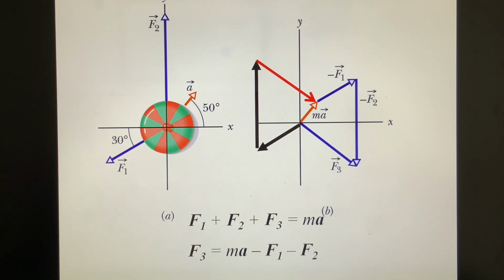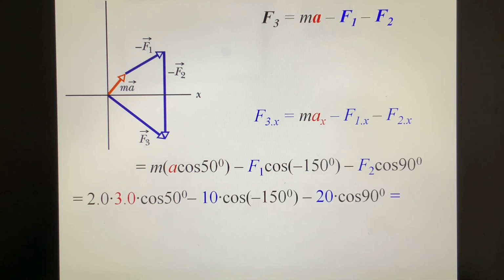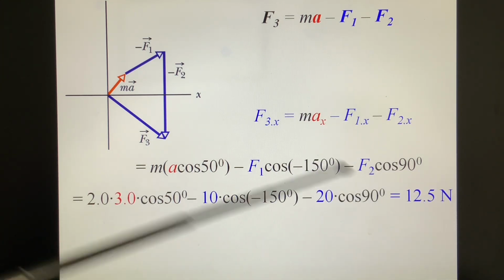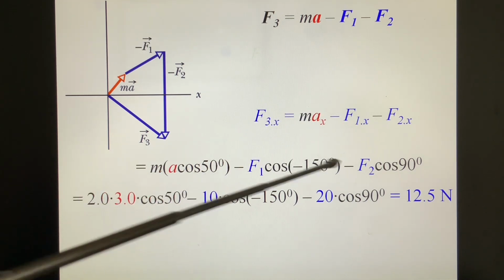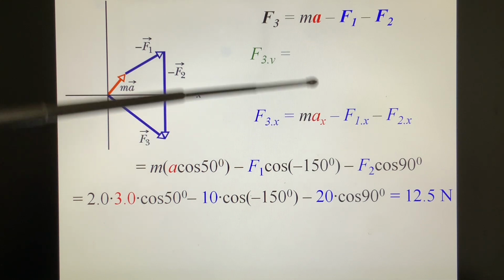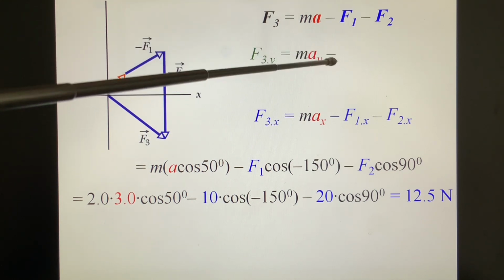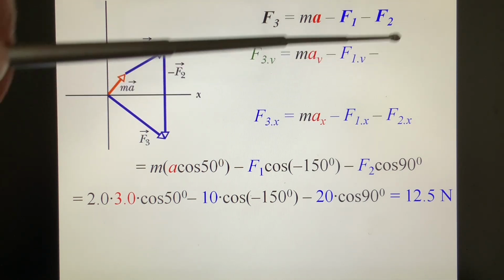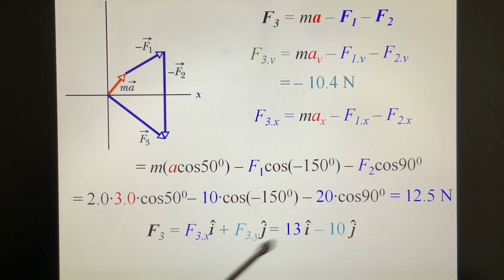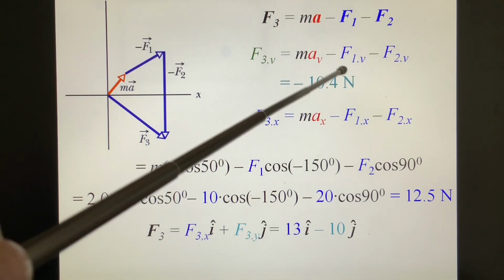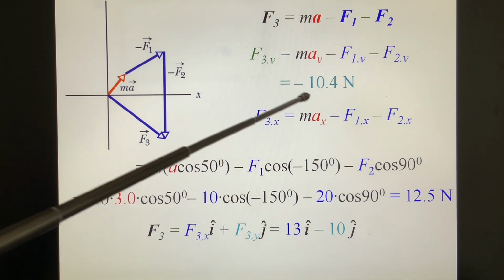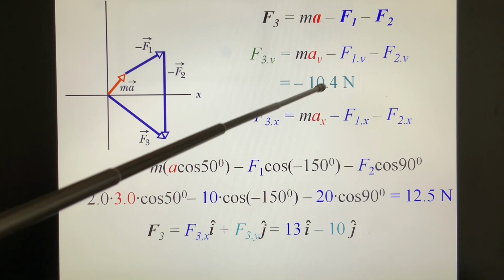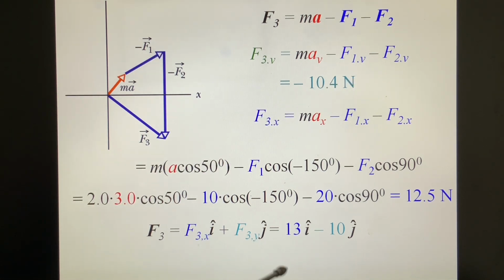This is F1. We put everything inside, and we get 12.5 Newton. That's F3x. And F3y equal to may minus F1y minus F2y. So we put everything in, and we get F3y equal to minus 10.4 Newton.